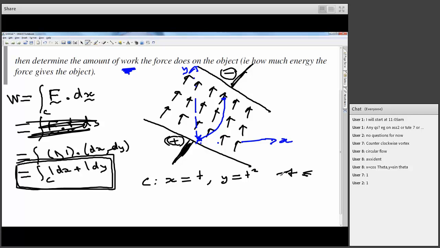This is given in the question. That's a parameterization. Once you parameterize it, we just need to work out the derivatives, because we're really doing integration by substitution. The derivative of x is 1, the derivative of y is 2t.